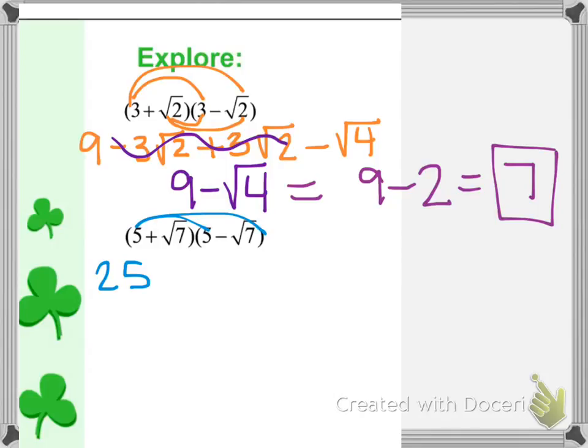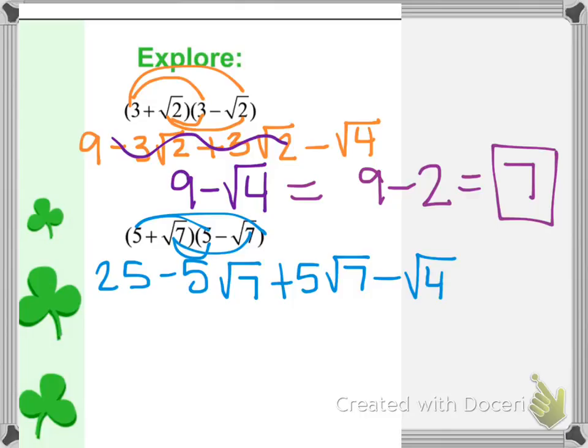Same thing will happen here. 25 minus 5 root 7, put them next to each other because one is in and one is out, plus 5 root 7 minus radical 49. Again, those 7's got to be multiplied together because they were both in the square root. Okay, so now positive and negative 5 radical 7 cancel out.